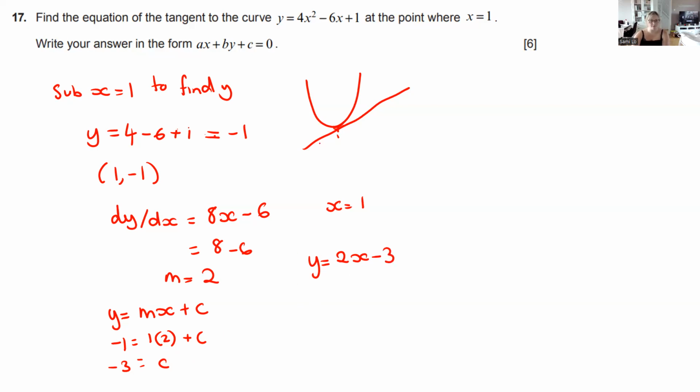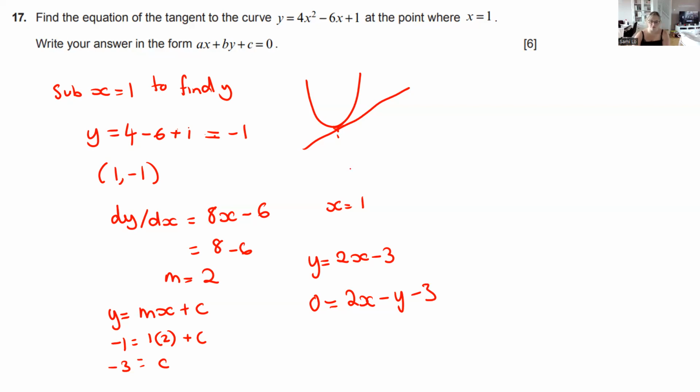And all I'm going to do is make it so it's equal to 0. So in this case, I just need to take y over, not b, my bad. So we got 2x minus y minus 3. And there it is in that format.